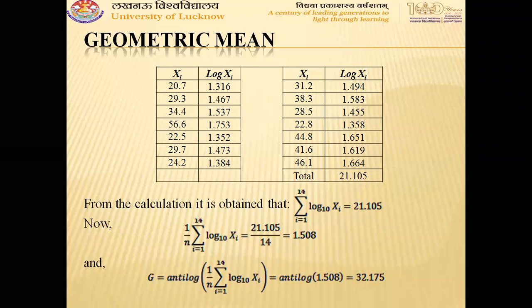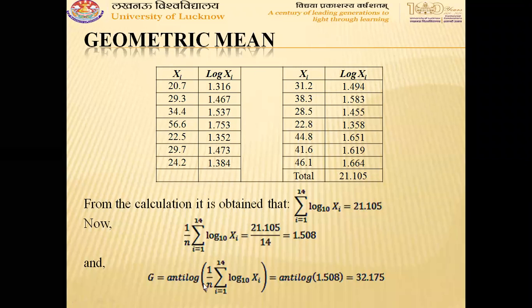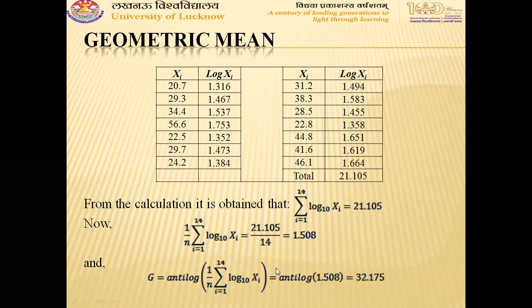Now the geometric mean will be the anti-log of this quantity, that is G equals anti-log of 1 upon n summation i goes 1 to 14 log of xi, which gives anti-log of 1.508, and from the table the value of this anti-log comes out to be 32.175. So the geometric mean of the given data is 32.17.